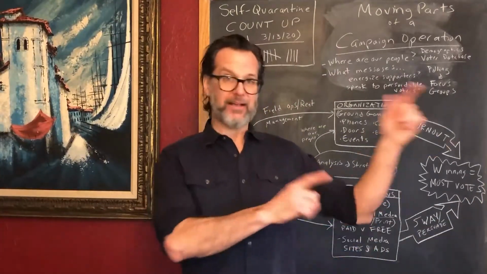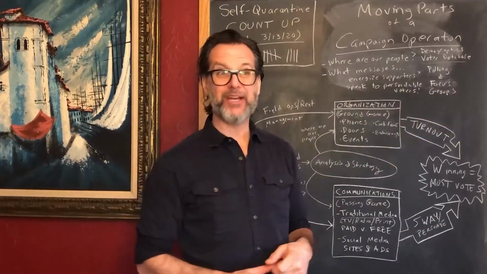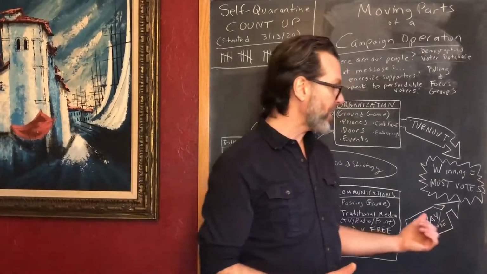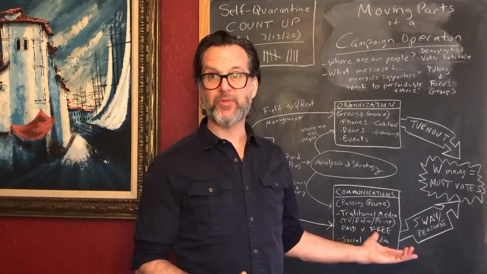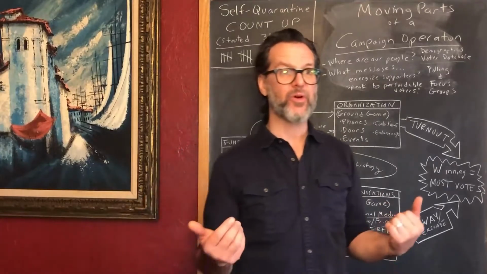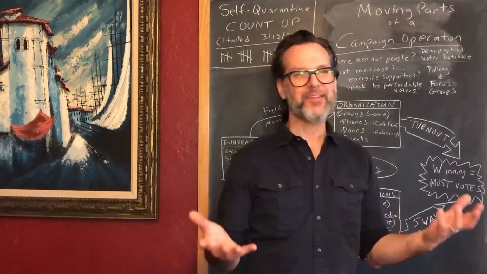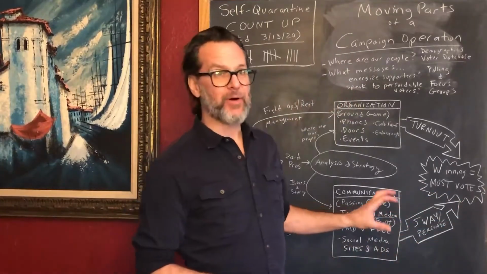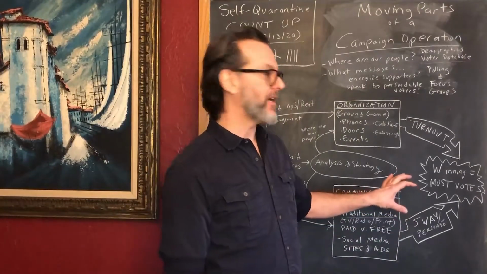These are the people who are like, oh yeah, I'm all for Jack. You just got to make sure that they actually get to the polls. Your persuadable voters, of course, are people who either don't know you or are on the fence about your issues. Both of these components are extremely important to getting the most votes.